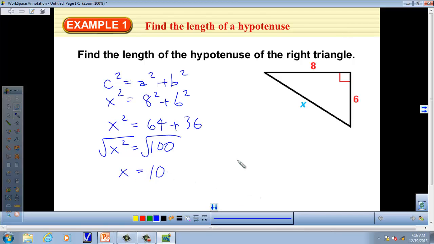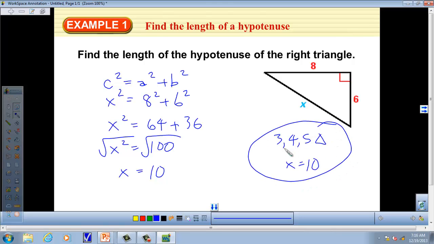Now, I know I've talked with one or two of the classes about this. This is what's known as a 3, 4, 5 triangle. If you wanted to, you could have just said this was a 3, 4, 5 triangle and that x was equal to 10, and that would have worked just as well. For those of you that don't remember, the numbers 3, 4, and 5 will always form a right triangle because 3 squared, which is 9, plus 4 squared, which is 16, gives me 5 squared, which is 25.